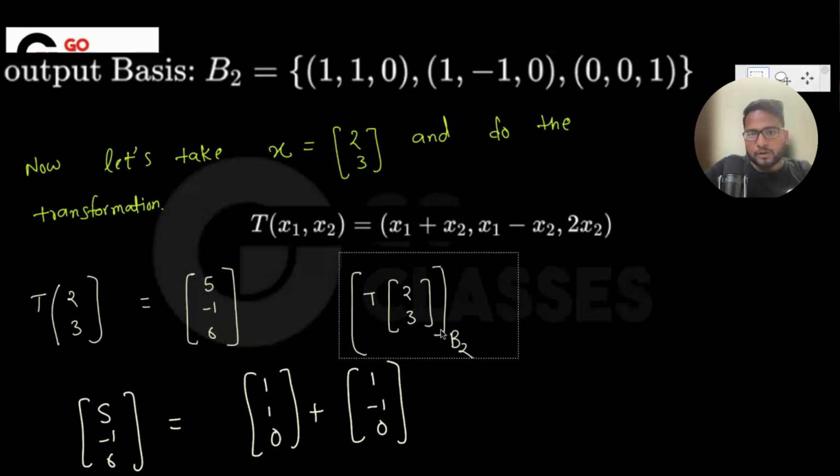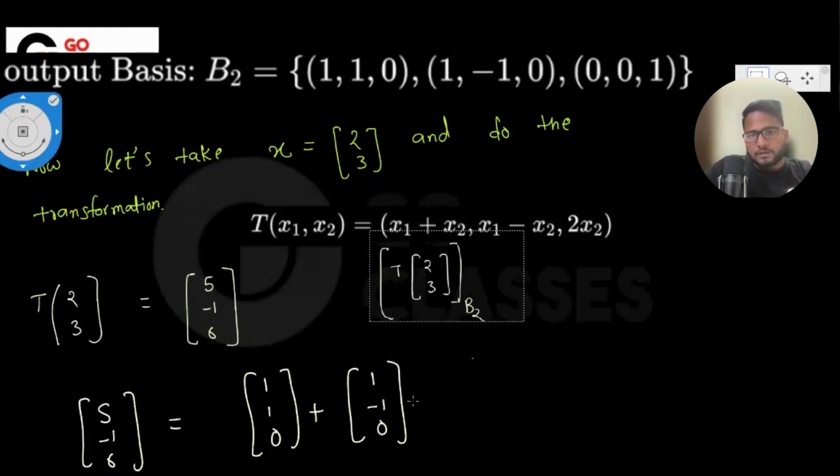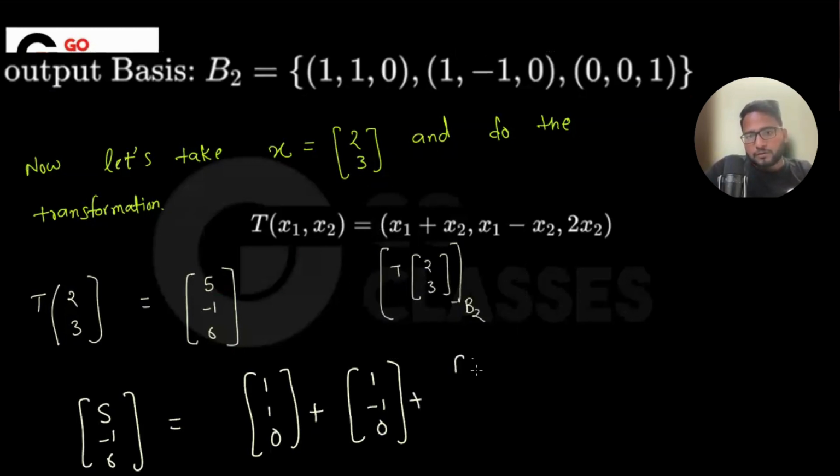With respect to b2, actually I want this. With respect to b2, can anyone tell me? I think this is 2 3 and 6, right? Okay.